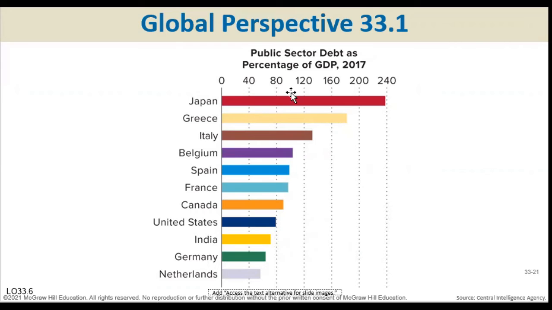But if you look at it as a percentage of GDP, you see that the US is here compared to other nations, right? So on the ratio to GDP in 2017, you see that the US is relatively better, right, if you compare it to other nations.